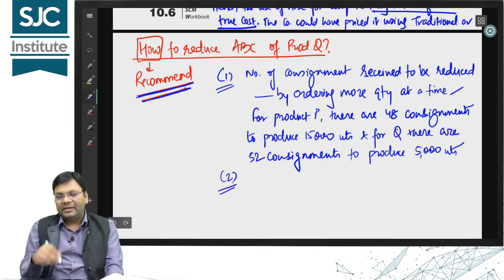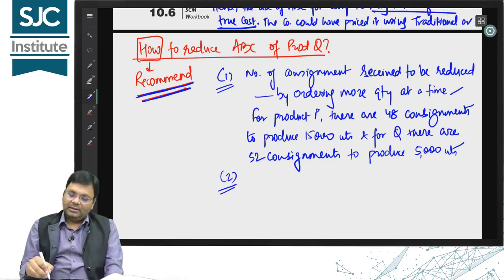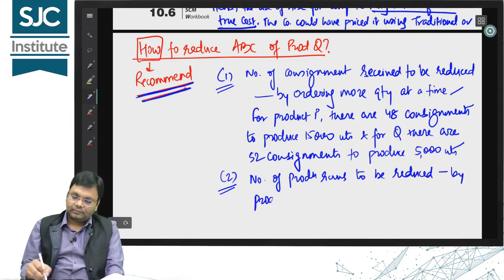Secondly, similarly you can write about the number of production runs. Number of production runs to be reduced by producing more quantity at a time, or you can write more quantity per run.